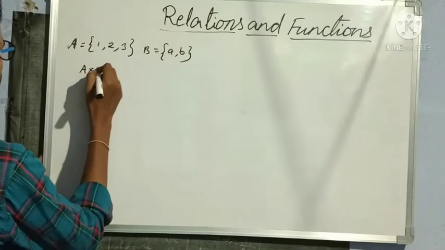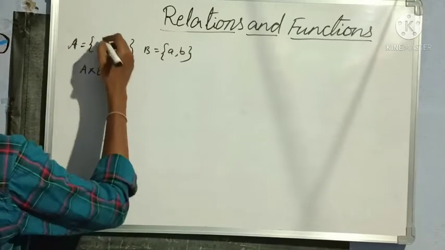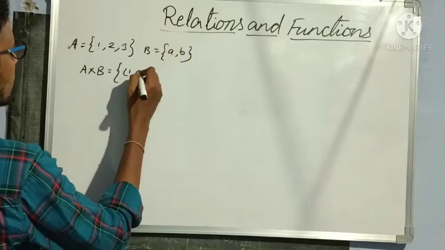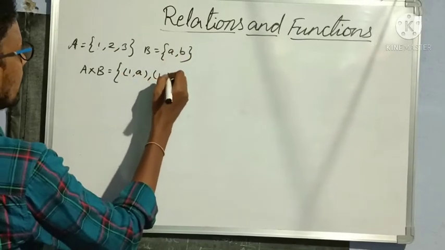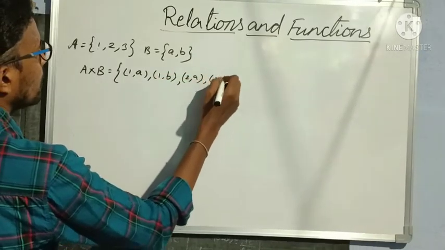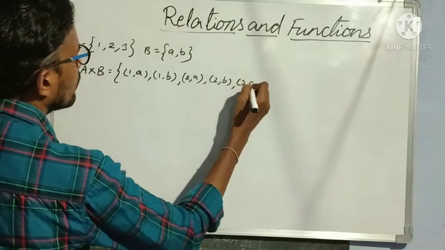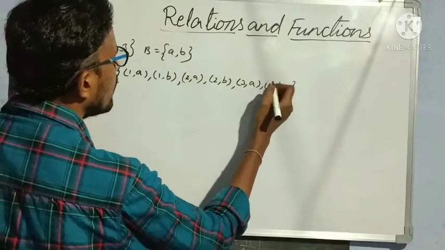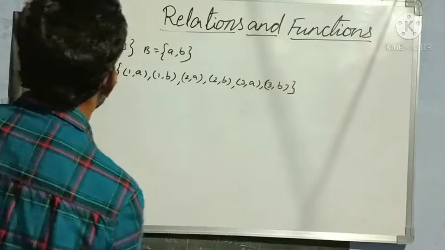So A cross B is equal to, how should we write? Already I have said, first element of first set and first element of second set. So (1, a), (1, b), (2, a), (2, b). In the same way (3, a), (3, b). So these are the elements of our cross product.